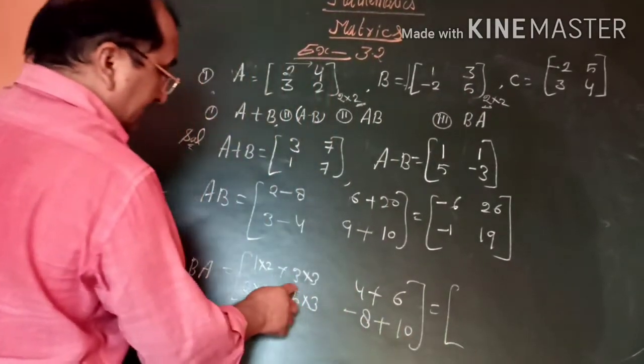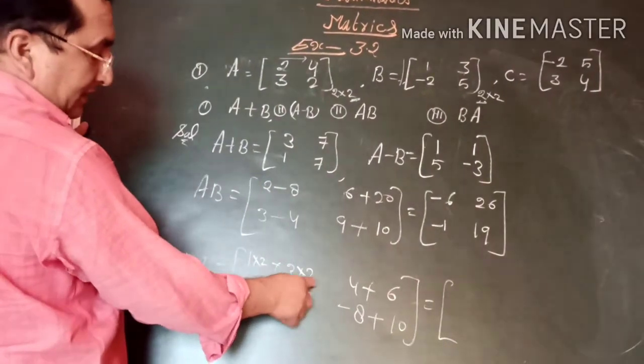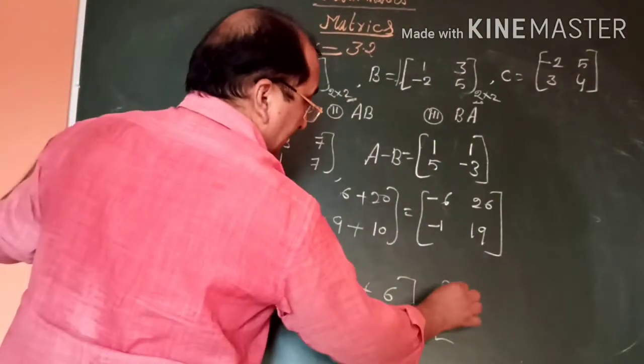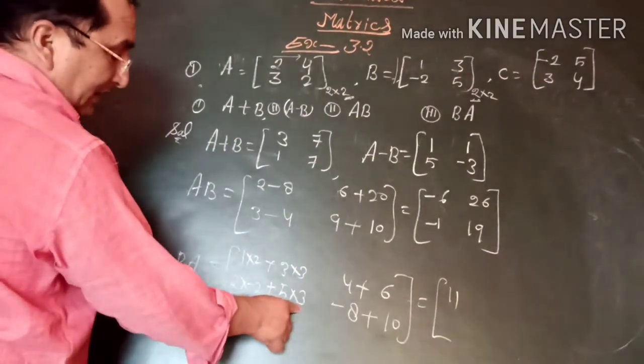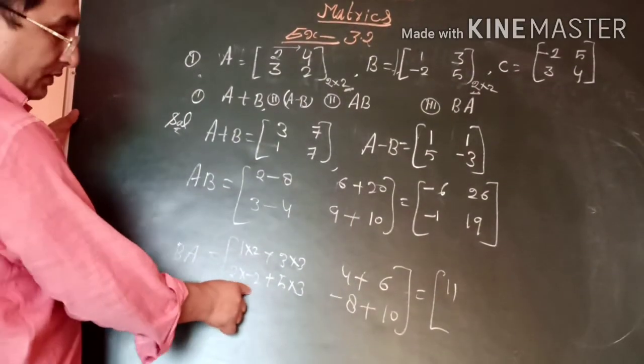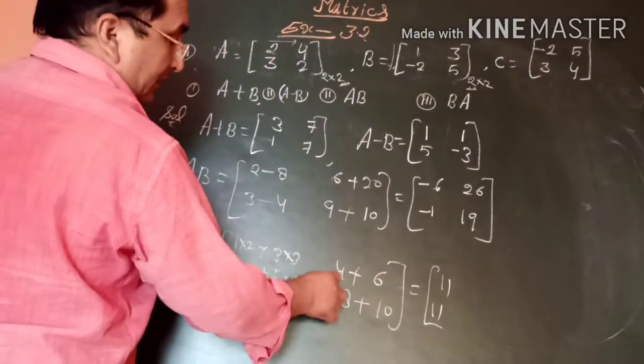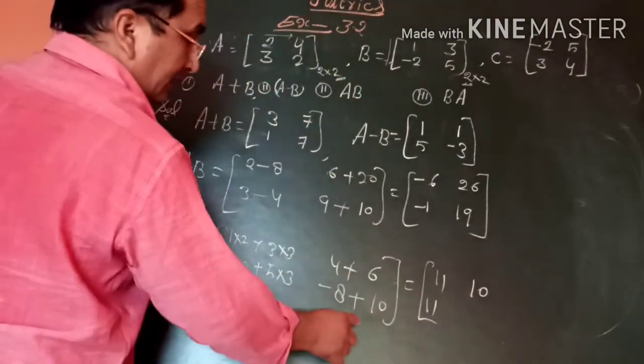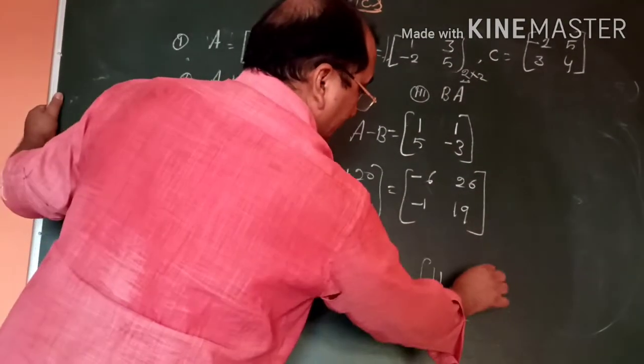Then we can check these things. 2 1 is 2, 3 3 is 9, 9 plus 2 is 11, and 5 3 is 15, 15 minus 2 2 is 4, which is 11 also, 4 plus 10, and 10 minus this is 2.